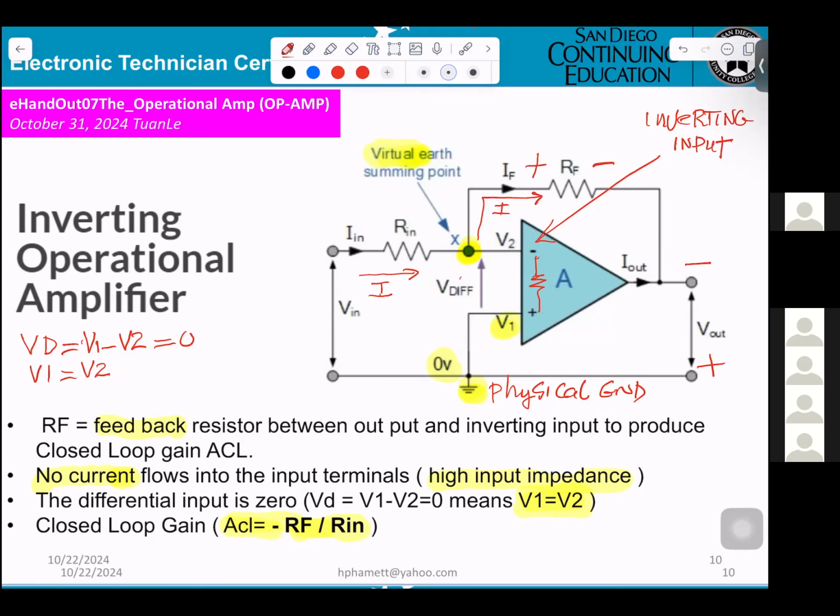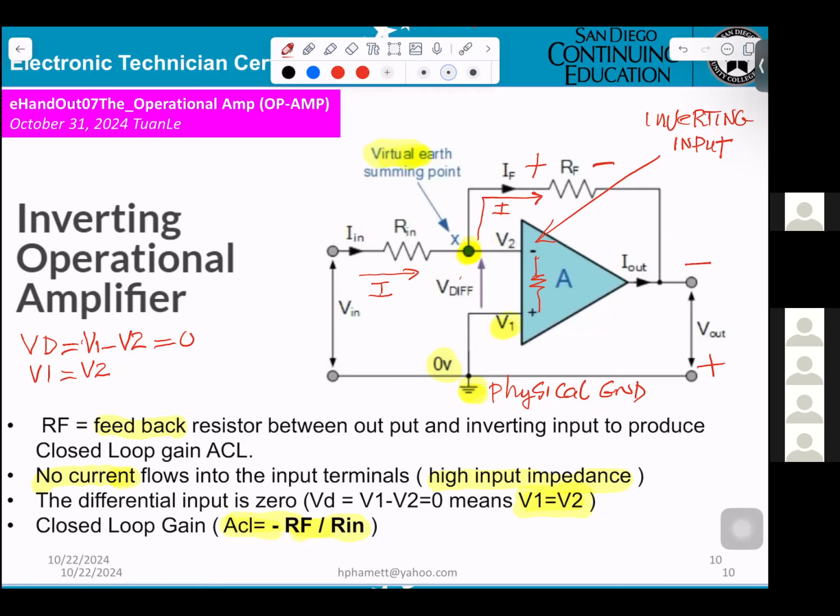So the first thing I like to do, when you're looking at an operational amplifier, you have to recognize if it is inverting or non-inverting.